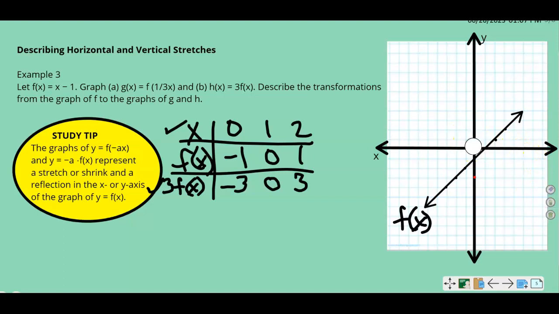I graphed this point wrong as well. 1, 0. So 1 on my x and 0 on my y. 2, 3 would be over 2, up 1, 2, 3.